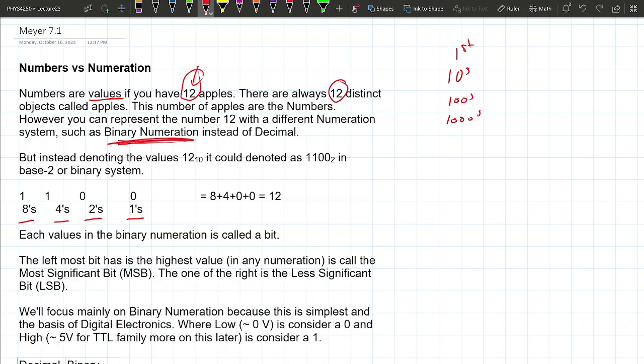And it's the same thing with base 10: 10 to the 0, 10 to the 1, 10 to the 2, 10 to the 3, and so on. The math is the same. In order for us to do computation with a different numeration, all the math has to be consistent. And this is what we're going to double check and learn about in binary math: how do we make this numeration so that all the math still works out?